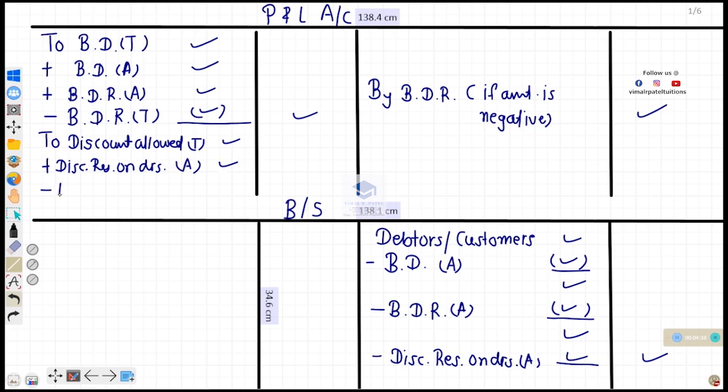And if the balance of discount reserve is given in trial balance, it will be subtracted. Same way, there may be discount reserve on creditors also. So it will appear on the liability side, after giving effect of purchase and purchase return.